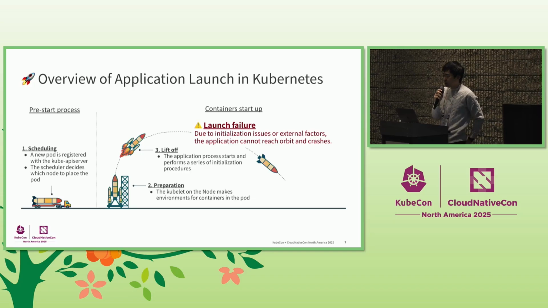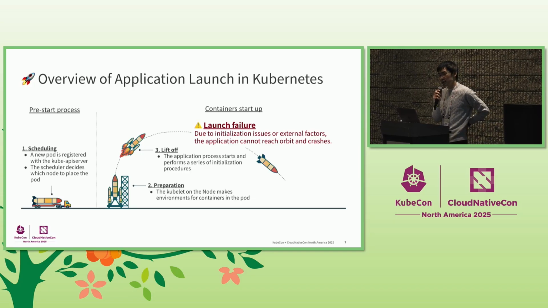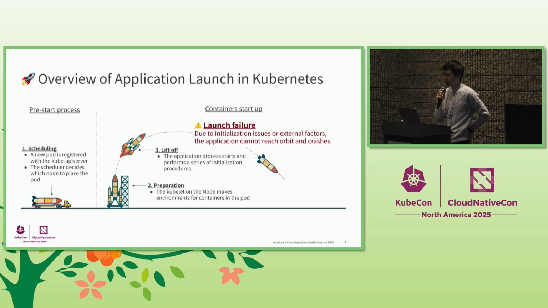A common issue during startup is that applications start crashing and restarting repeatedly immediately after launch. You've likely experienced this during a rolling update with a deployment. Even though the operation was working fine before, suddenly it begins to fail.